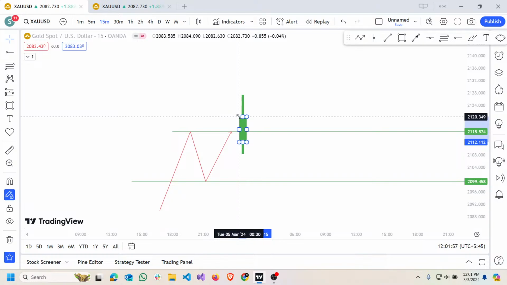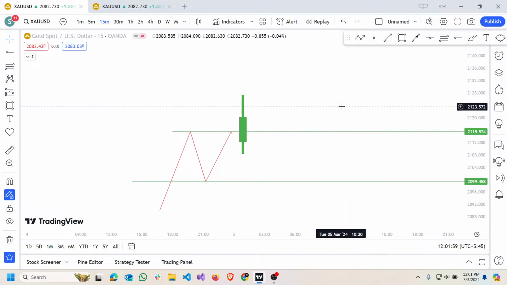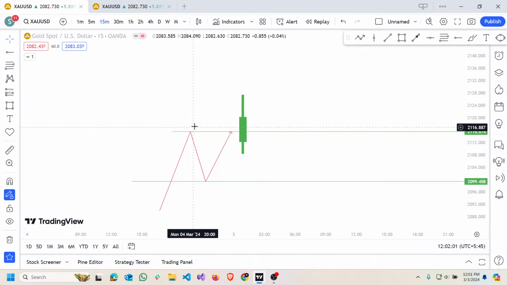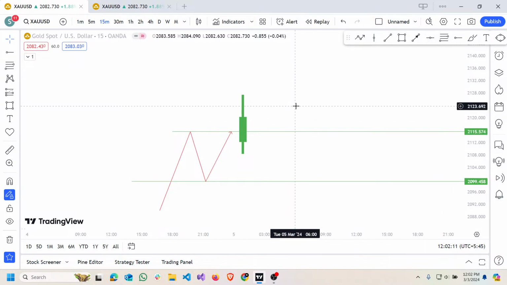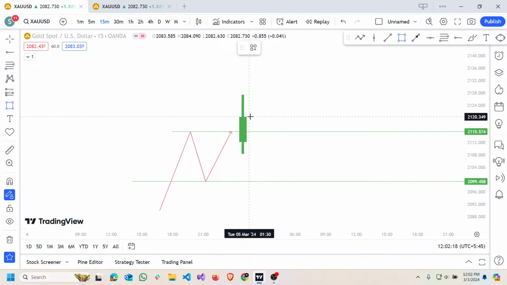It has to close above the previous higher high, and here the bias is bullish. So what I expect here is the market to at least fill this range before doing anything. It might go straight up or it might go down, but I expect the market to fill this range before doing anything.